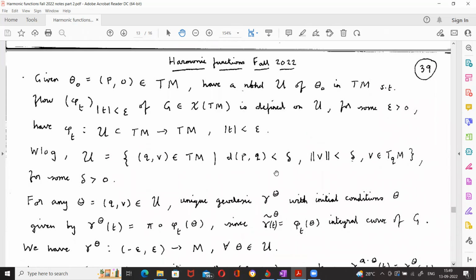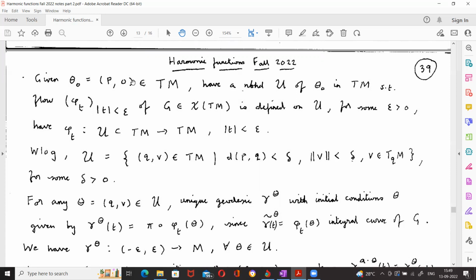Okay. So now let's take an element of the tangent bundle, theta naught, which is P comma the 0 vector. So this is an element of the tangent bundle.